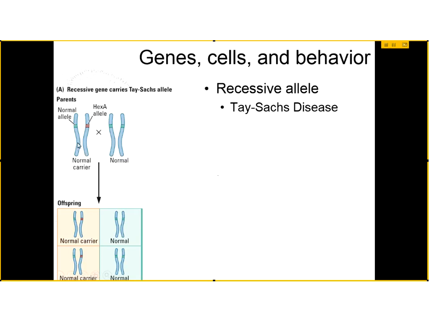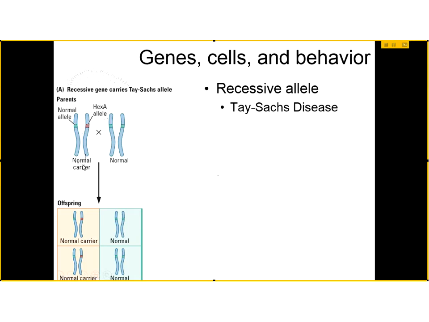With this, what we see is that we could have a normal carrier and a person that doesn't have the allele, the hex A allele for that. Remember, everybody has 23 pairs of genes, and you could have one of those pairs that has the normal allele and one that has the hex A allele.